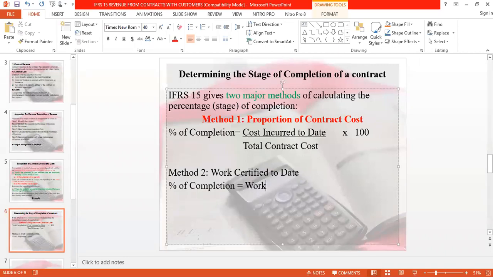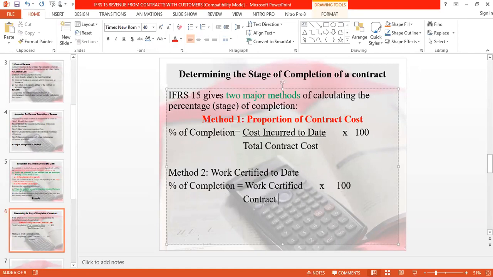In other words, the person who gave you the job will be certifying the percentage that you have completed. So you will be looking at work certified to date, times 100, divided by contract price.